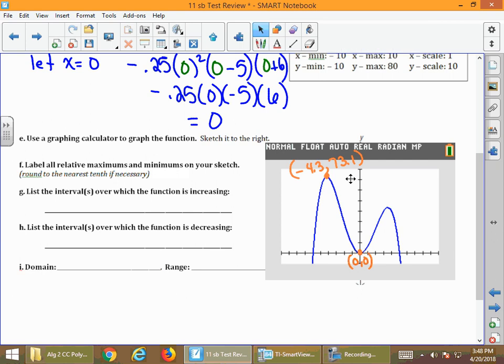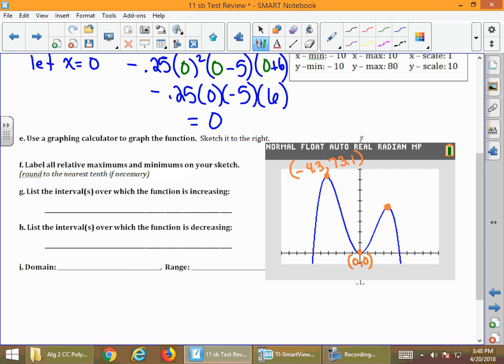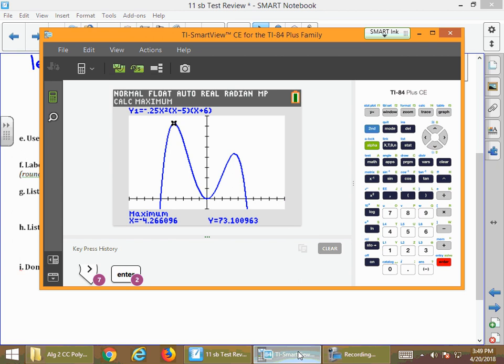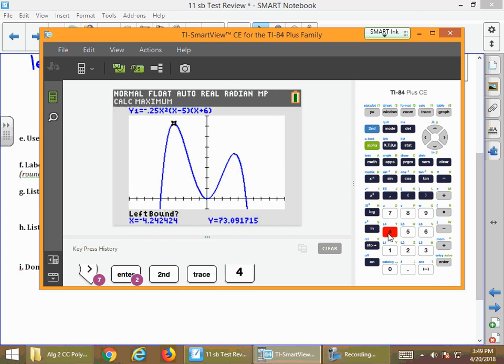We're going to do that again to find this point over here, this one to the right, which is also a relative maximum. Coming back to our screen, we're going to have to do second, trace, and maximum, and then scroll through here. It's going to take me a couple minutes, and I hope that the screen doesn't go wacky, but we'll do the best we can.